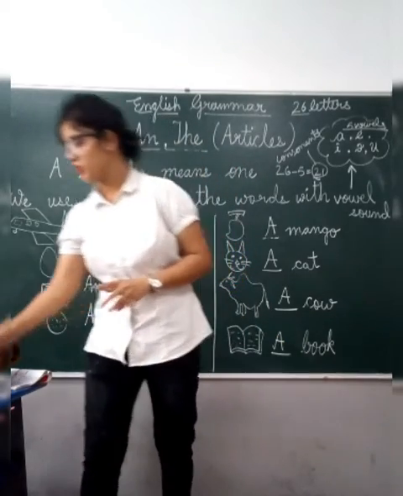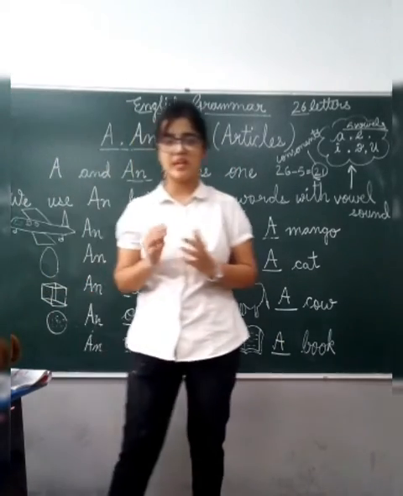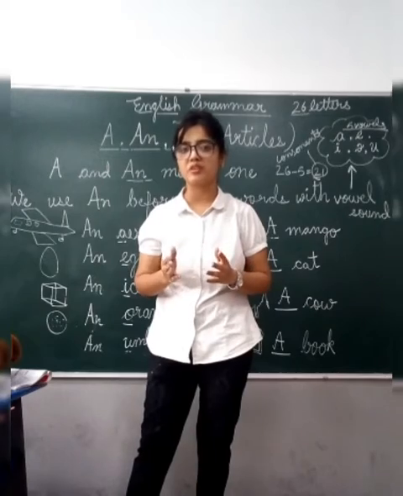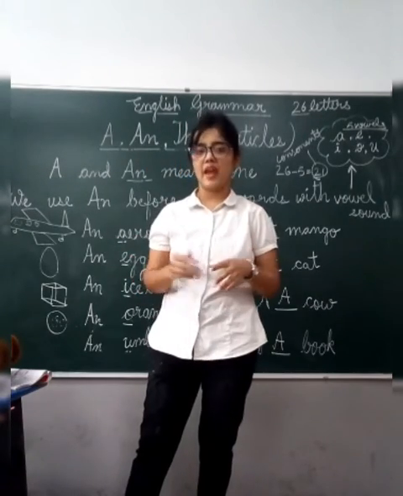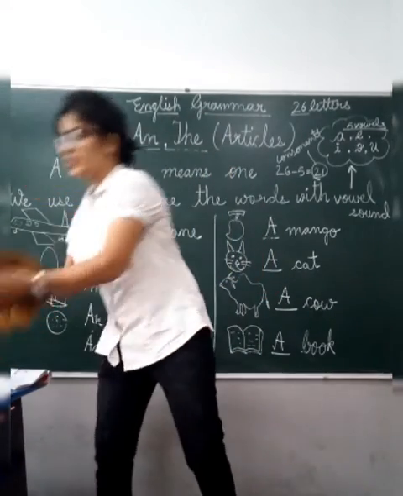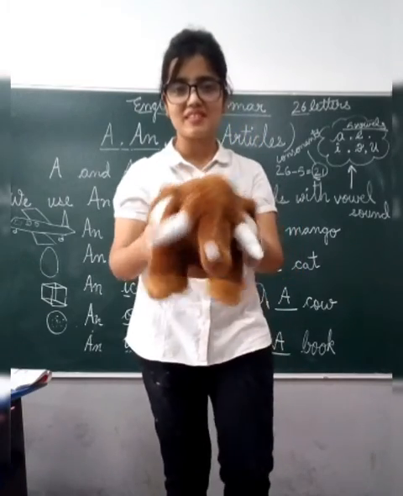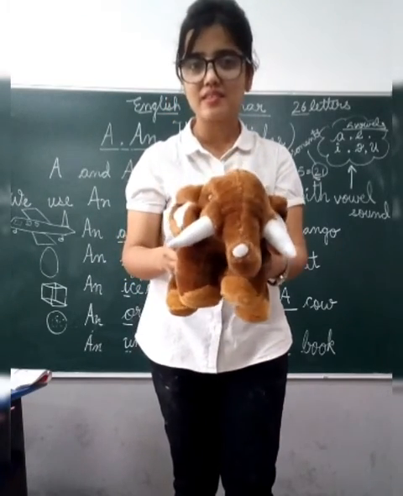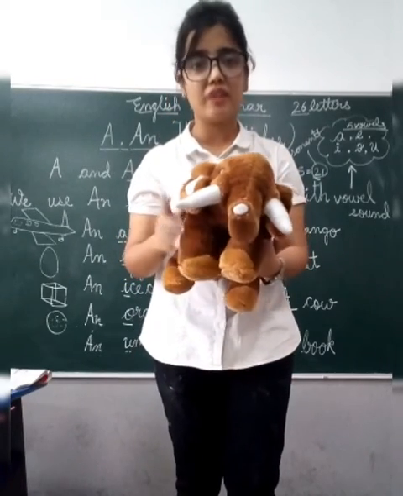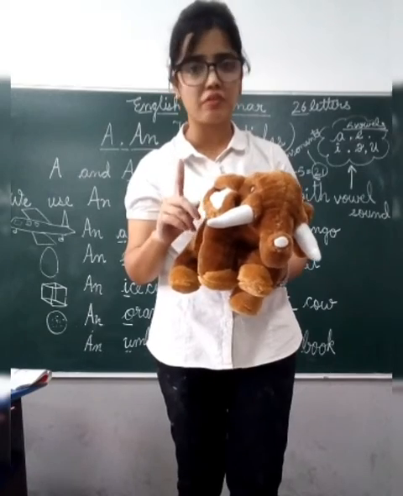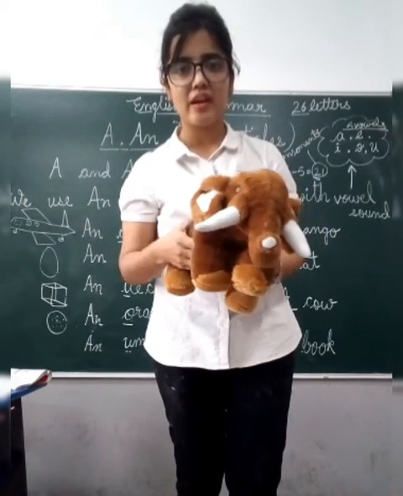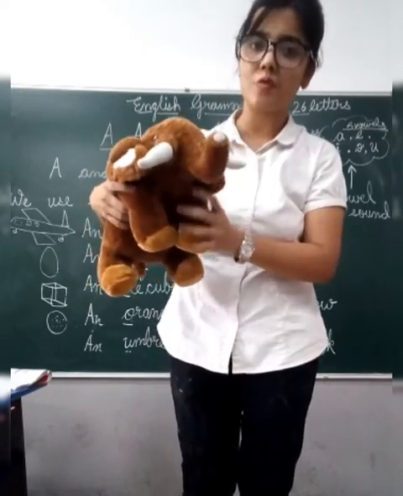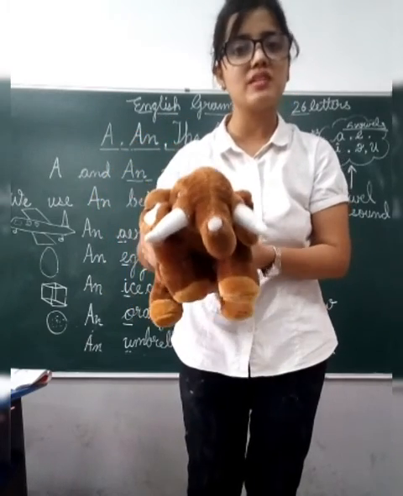Now I will show you some images and you will guess whether we will use a before it or we will say an. Now see, what is this? This is one elephant. For one object we use a or an. And as it starts with vowel sound E, we will use an before it.